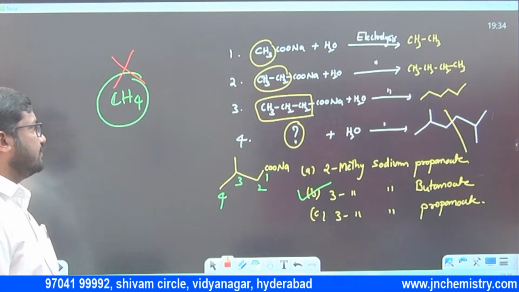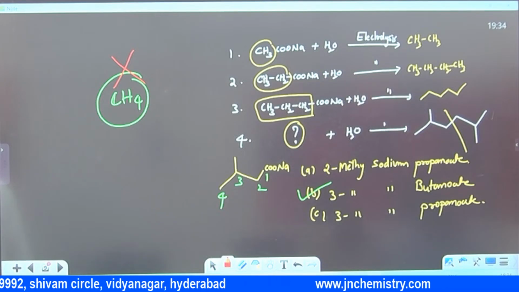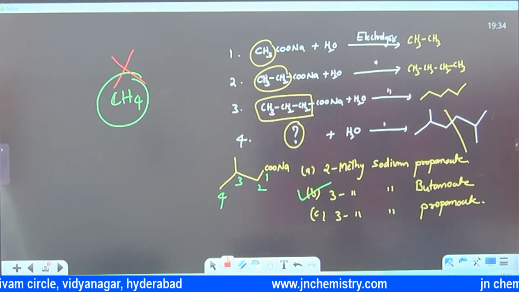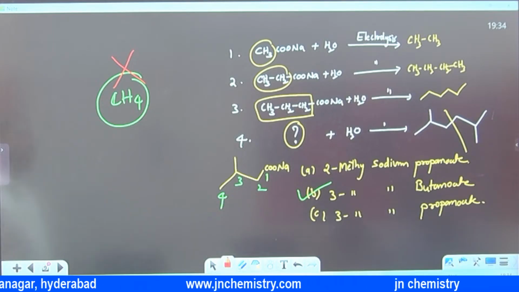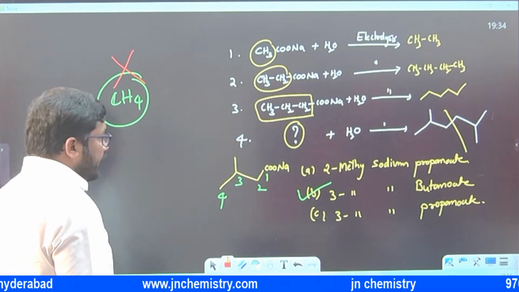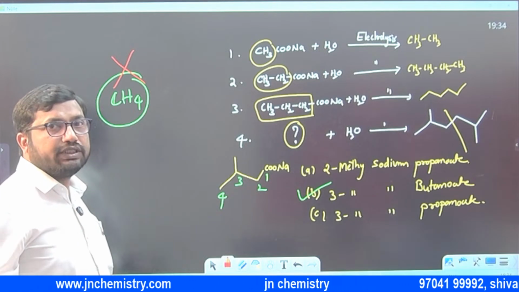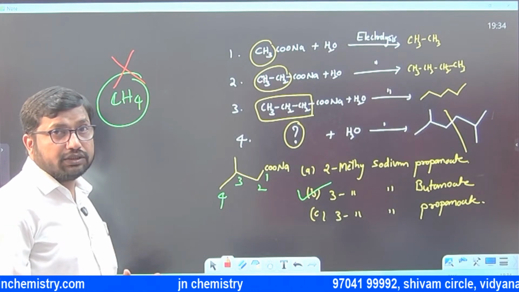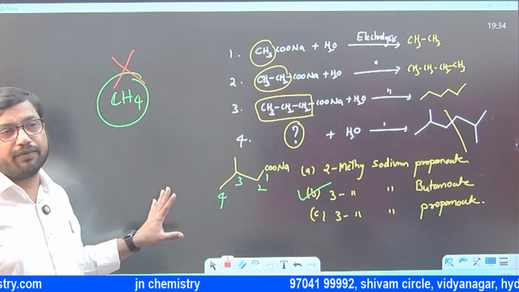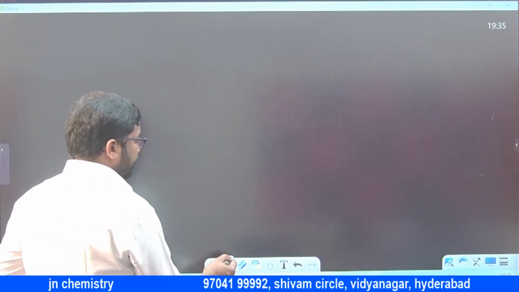Symmetrical. Completed? Any doubts? The alkenes, this reaction is once again going to come in the alkenes chapter as well as the alkynes. The same reaction. Here only I am trying to explain this. Same method, everything would be the same.